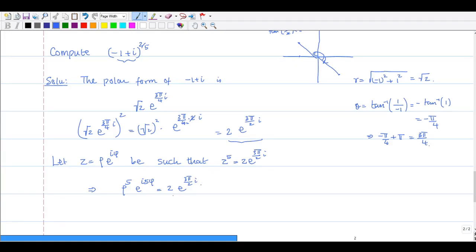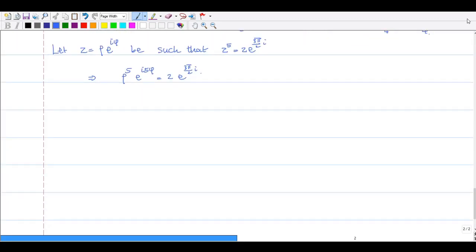அப்ப என்ன கிடைக்கும், this implies, again I am going to have this implies rho which is equal to 2 to the power 1 by 5 and 5 theta which is equal to 3 pi by 2 plus 2k pi, where k belongs to set of all integers.